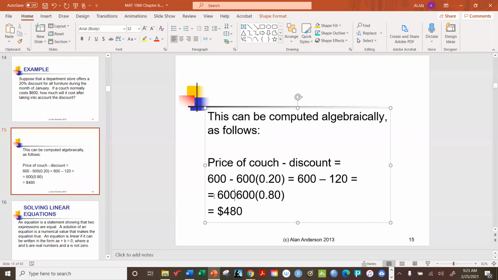Let me just write this in here again. So what you're actually doing is you're rearranging it as 600 times 1 minus 0.20, or 600 times 80%. So now they're asking you for $480 instead of 600. Now, of course, there'll still be sales tax, but the actual retail price has now been reduced to $480.